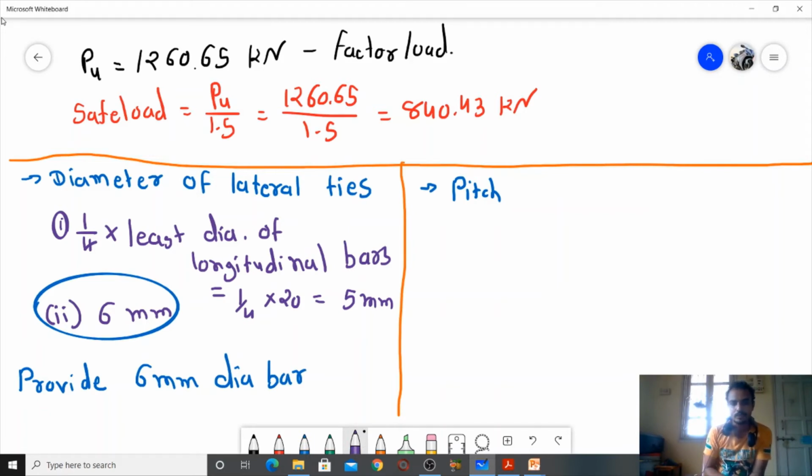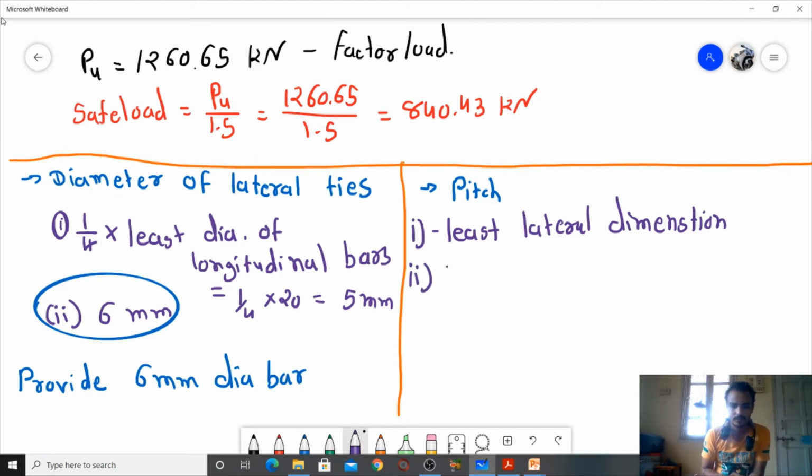For the pitch we have three conditions. First, least lateral dimension.